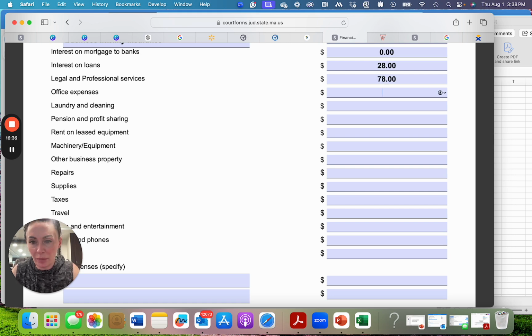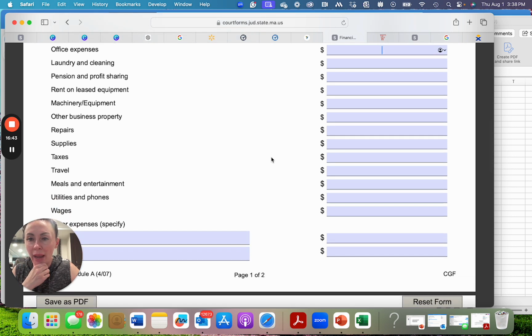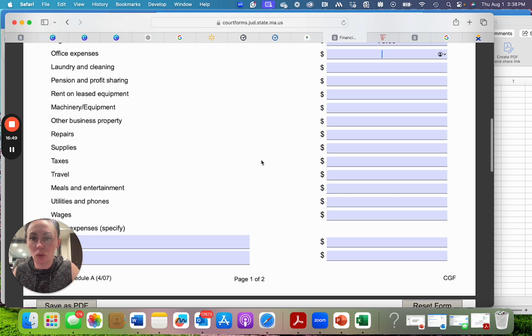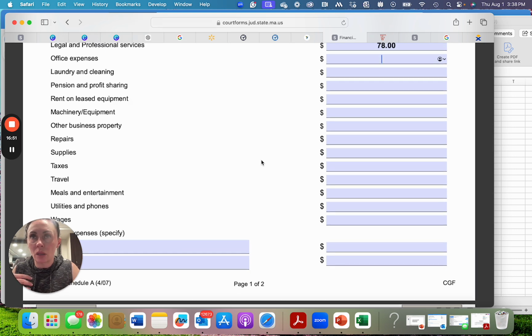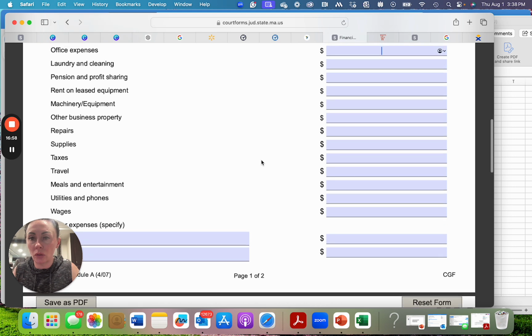Office expenses. So this would be if you have staples, you've got to go get printer paper, you have to pay an office cleaner, maybe you have to pay your lease. This is sort of a catch-all category.